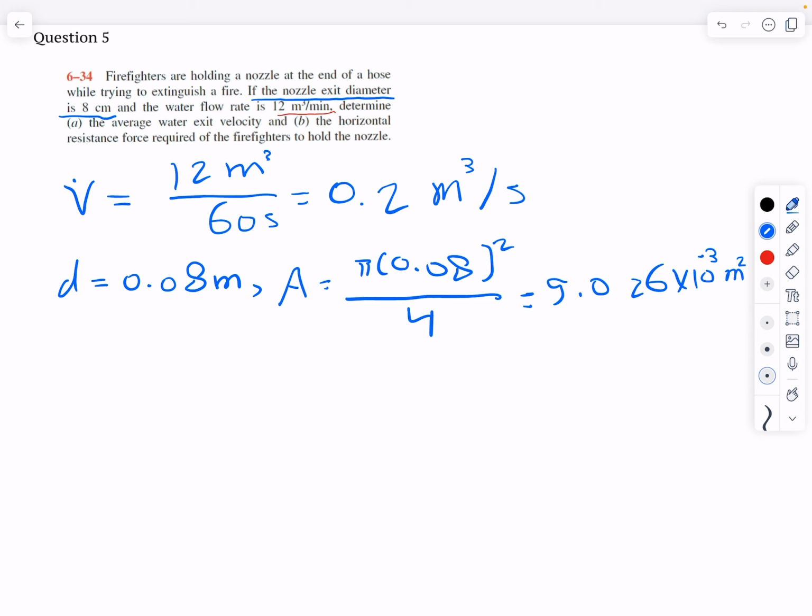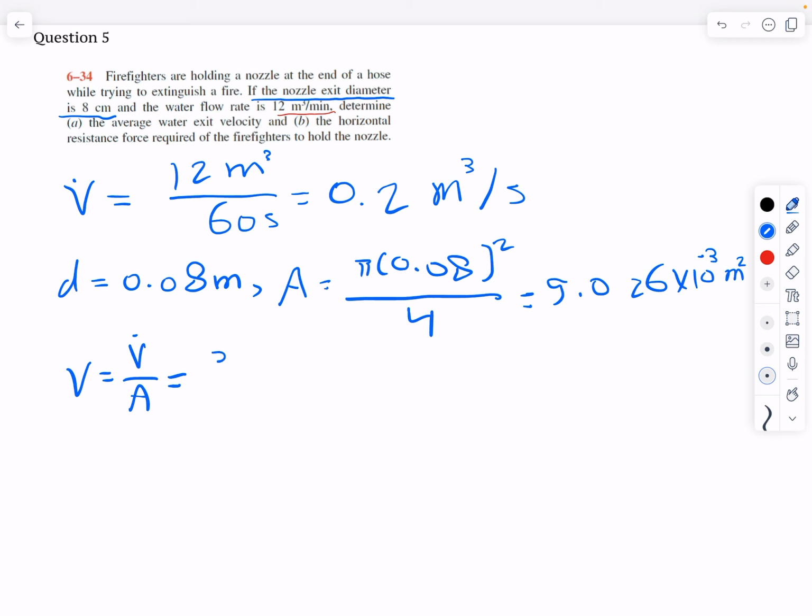Okay, so now if I have the area and I have the volume flow rate, why don't I find the velocity? Because the velocity is V dot divided by the area. So let's compute.